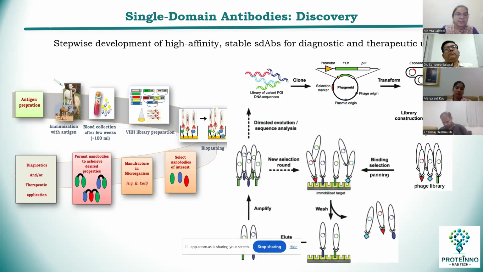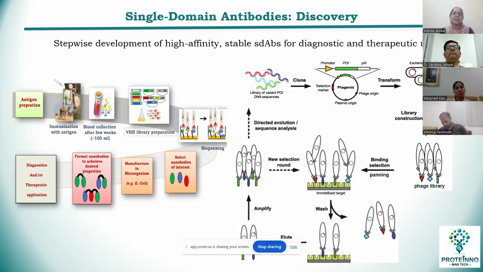In India, especially Rajasthan, we can use camels for immunization. Once the antigen is immunized at 6 or 8 week intervals in small, non-lethal doses, 100 ml of blood is collected from the animal, and a VHH library is prepared.